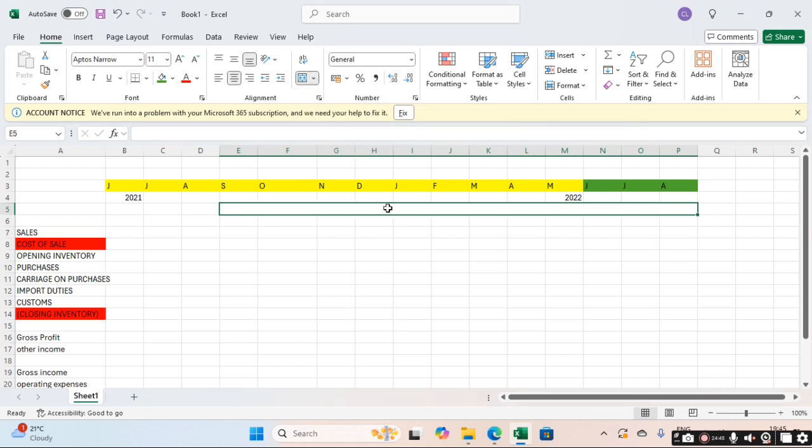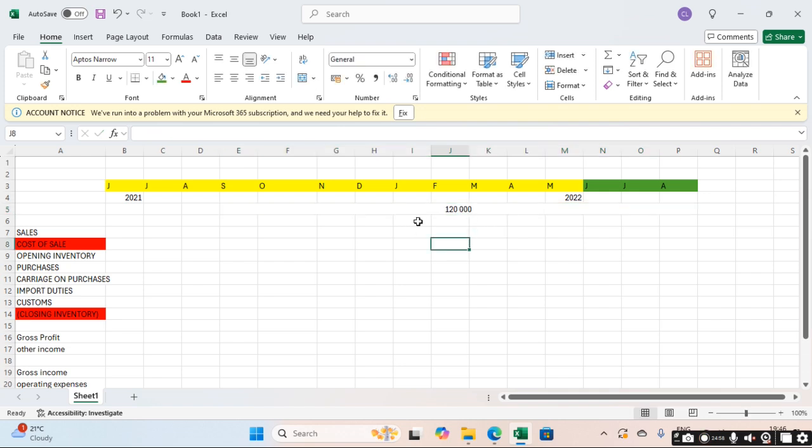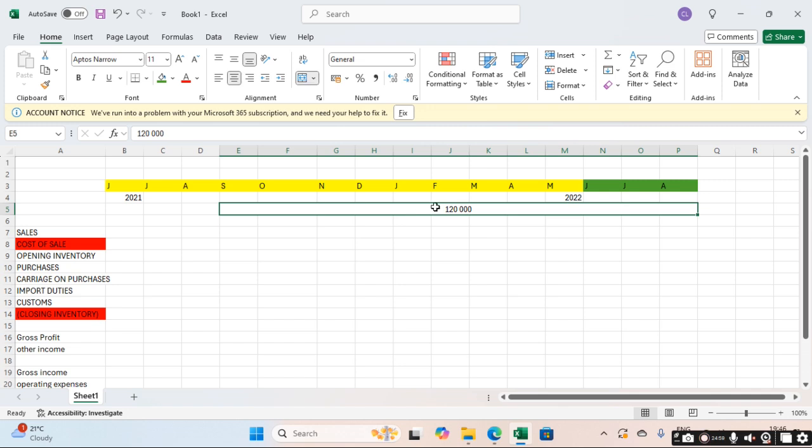So from September until August, it's 12 months. So we're paying what? 120 for annual bonus. So this amount is for from September until August 2022.